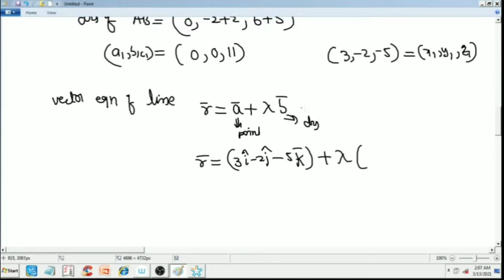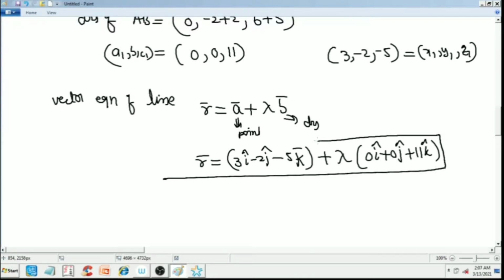B bar is the DRs, which is 0i plus 0j plus 11k. This is the vector equation.